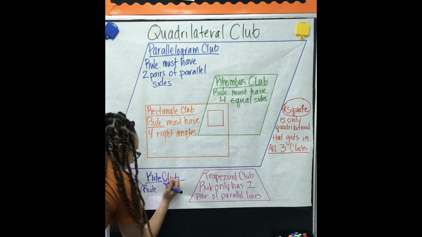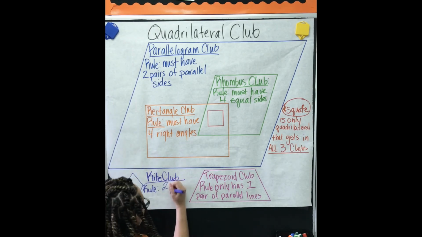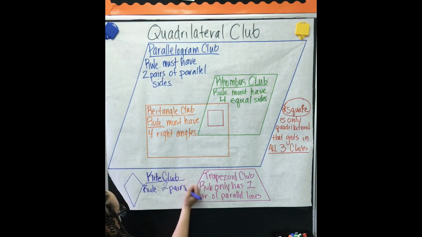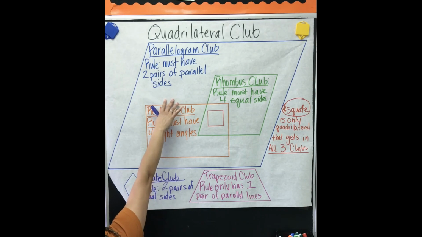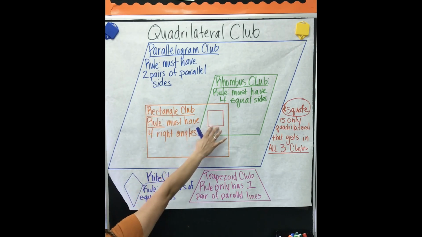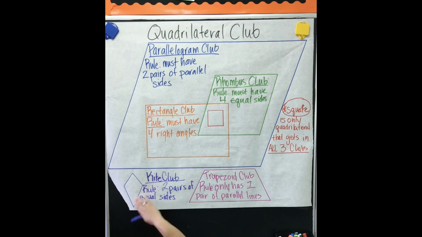The rule is that it has 2 pairs of equal sides, which is the same for a rhombus, but that has 4 sides. So it has 2 pairs of equal sides, but they are not parallel to each other.